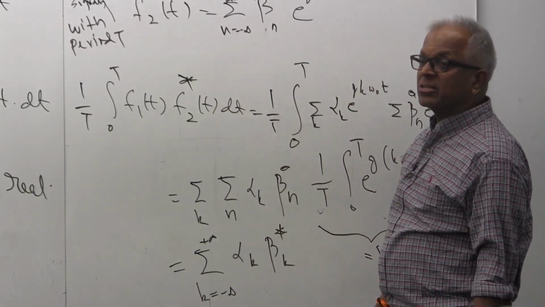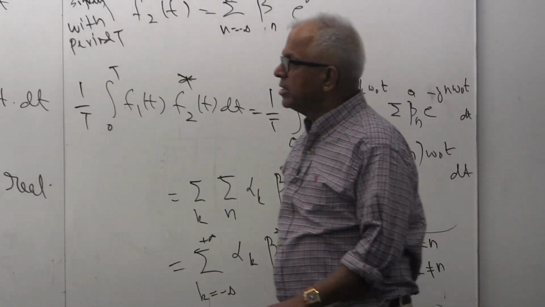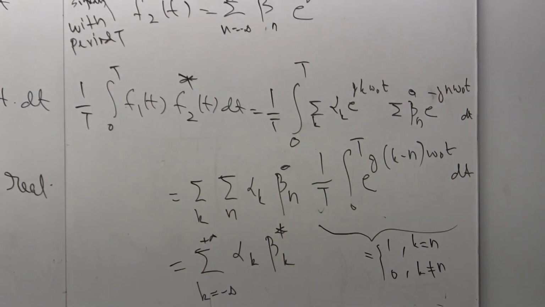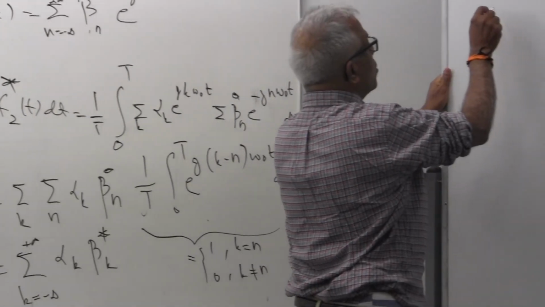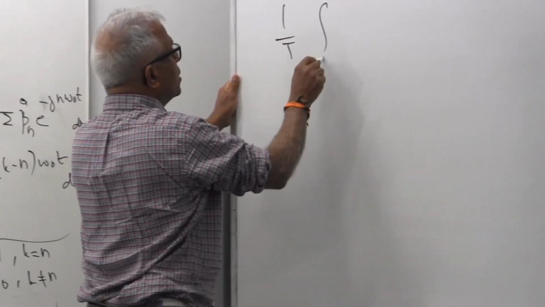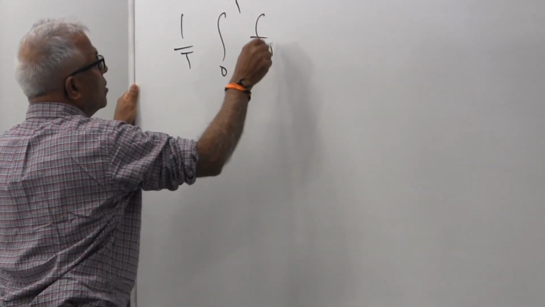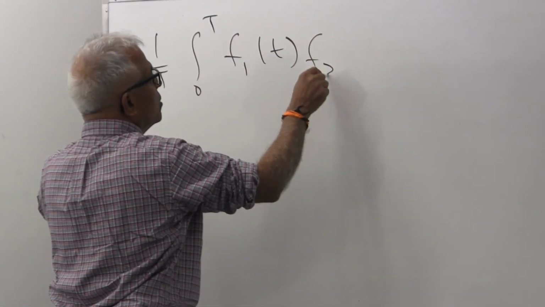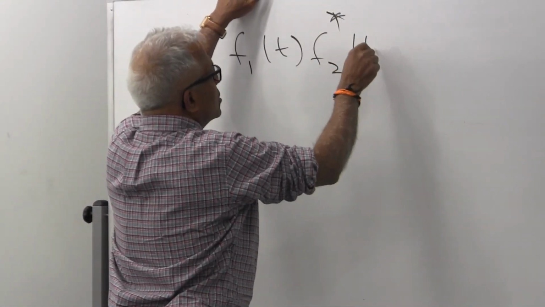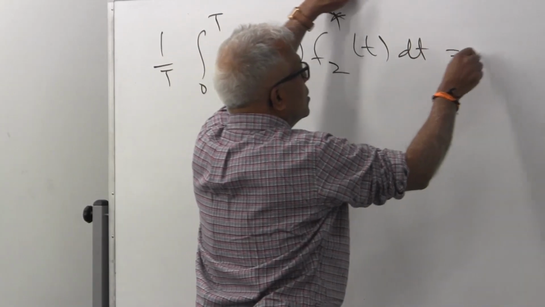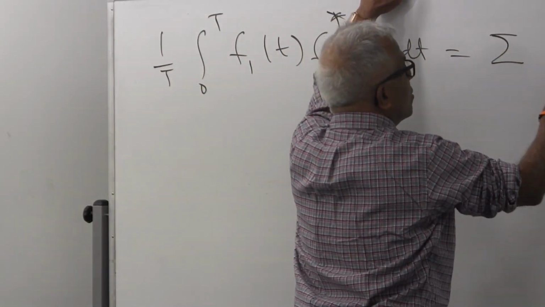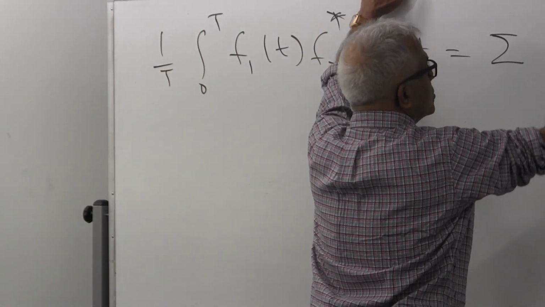So this relation is an important relation. This is known as Parseval's rule. 1 over T integral 0 to T f1(t) f2 star(t) dt is sigma alpha k beta k star.